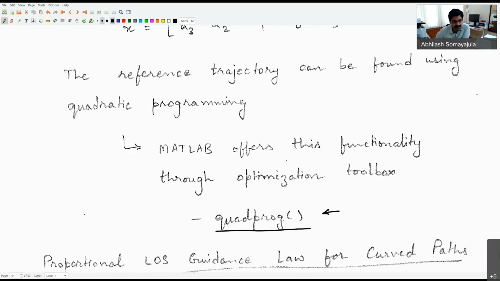So this is a different methodology compared to the cubic splines we had seen previously. Cubic splines are one of the methods, but that's not the only method. There are other optimization methods that can also be used. One such example is quadratic programming, which we have just seen. It doesn't mean you can't use other optimization routines to solve a trajectory tracking problem.